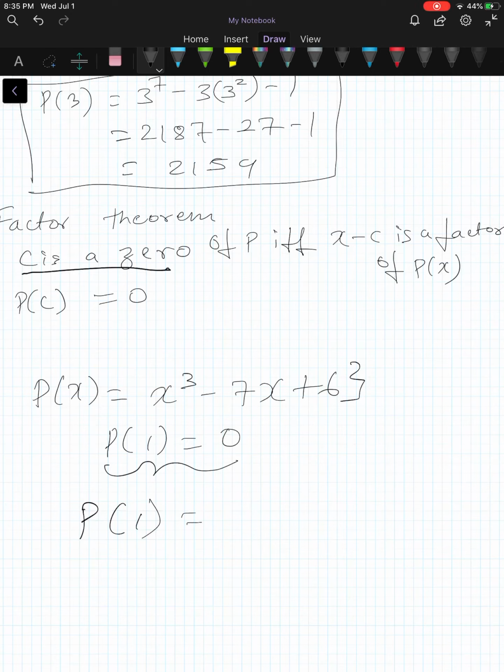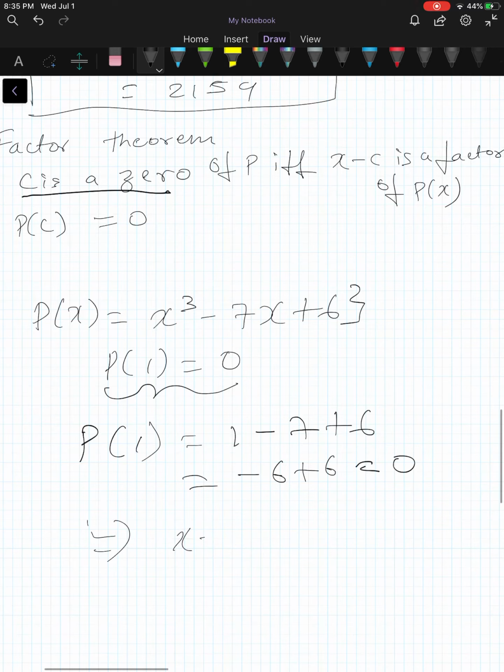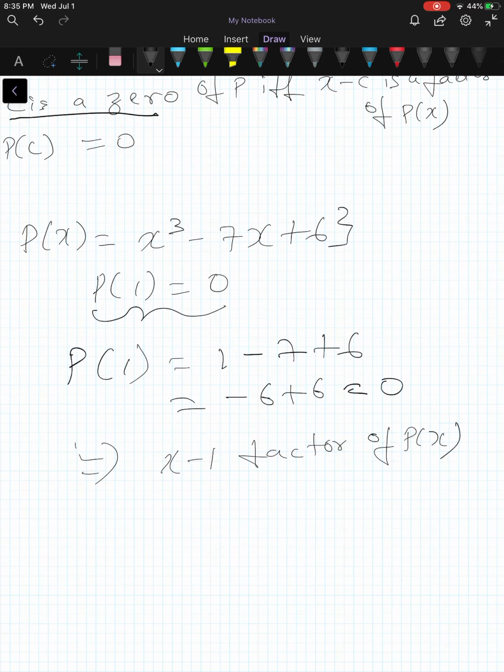Or we can substitute p of 1 in the equation, so that you get 1 minus 7 plus 6. That would be negative 6 plus 6, which is 0. By the factor theorem, this implies that x minus 1 is a factor of p of x.